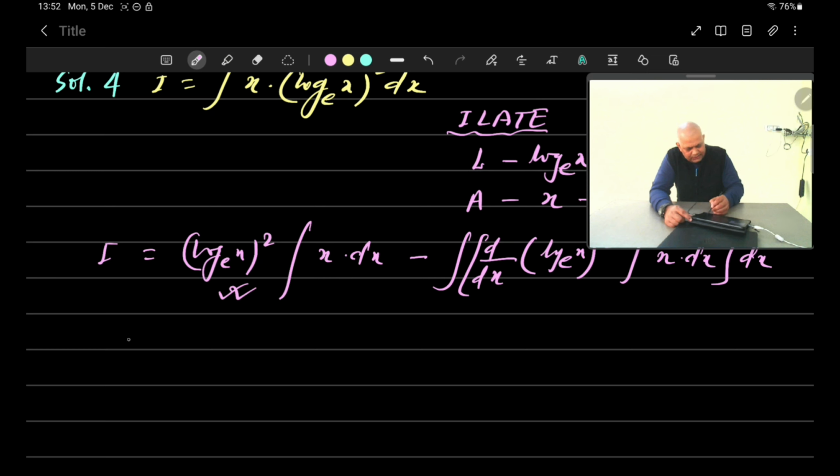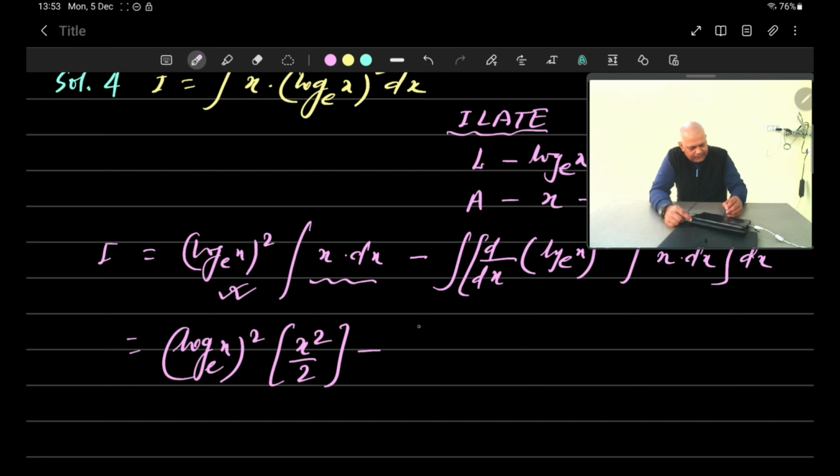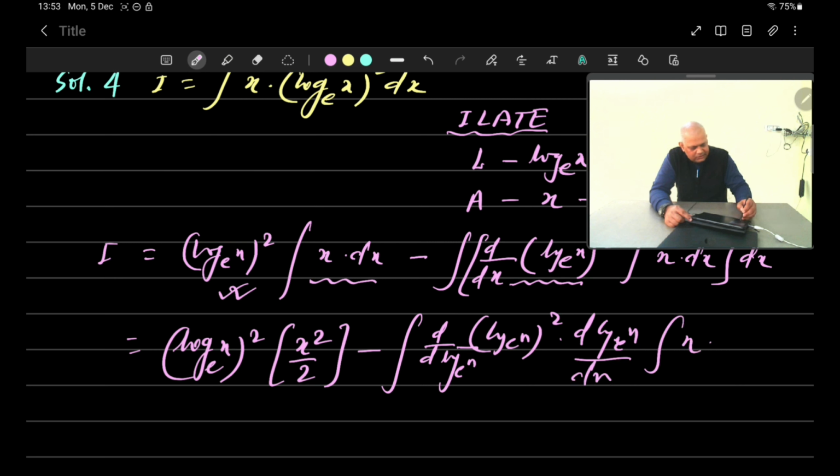Now see here, this is log x whole squared, and the integration of x is x squared by 2, negative sign, integration; you have to differentiate (log x) whole squared, so d by dx of log x, and then once again log x whole squared and times d of log x divided by dx, and once again integration x times dx.